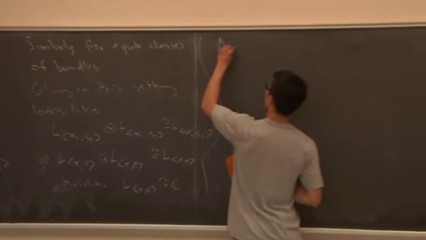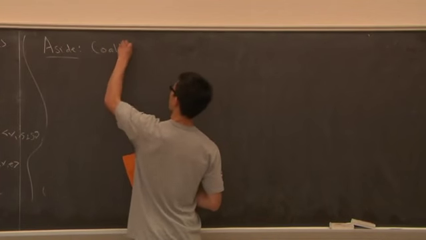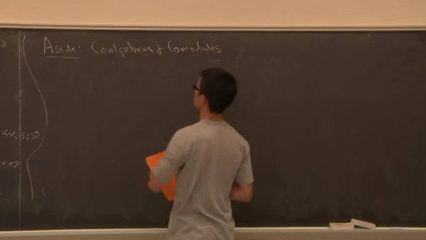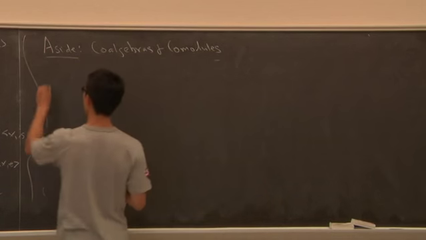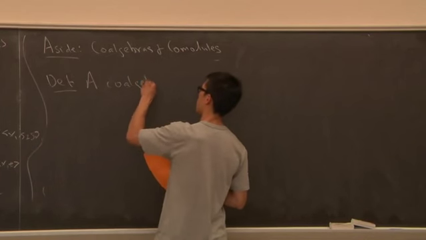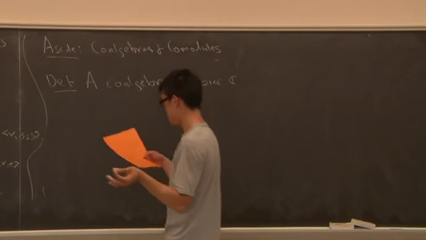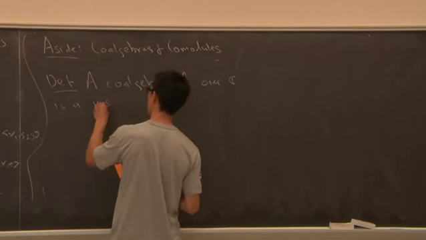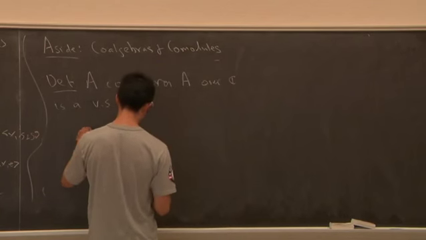Okay, so a brief algebraic aside about coalgebras and comodules. I have a distinct feeling that I'm probably the only person in this room who doesn't know about these things, but that's okay. It helps me. So a coalgebra, say A over C, everything we're doing is over C, is a vector space with two operations on it.